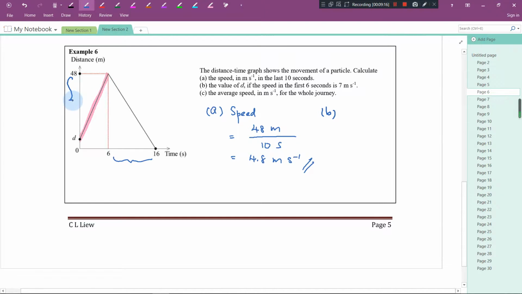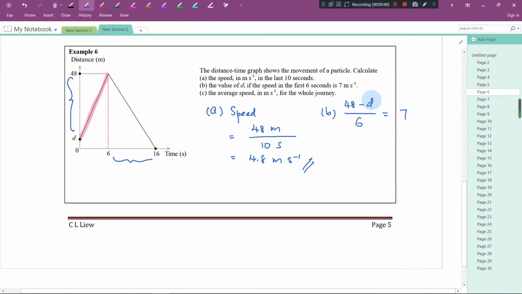Total distance travel will be this minus this. Total time taken will be 6 seconds. If we calculate this way, we get the speed. And the question tells us that the speed is 7. So from here we have an equation.